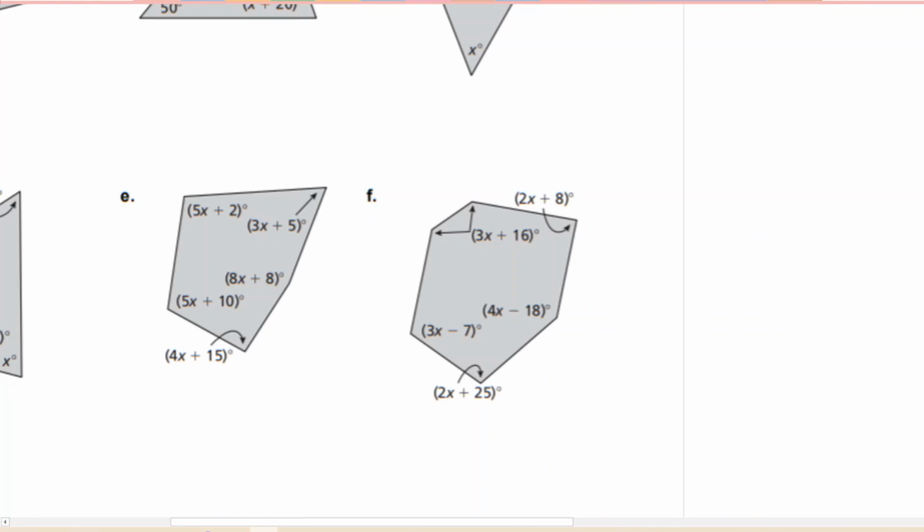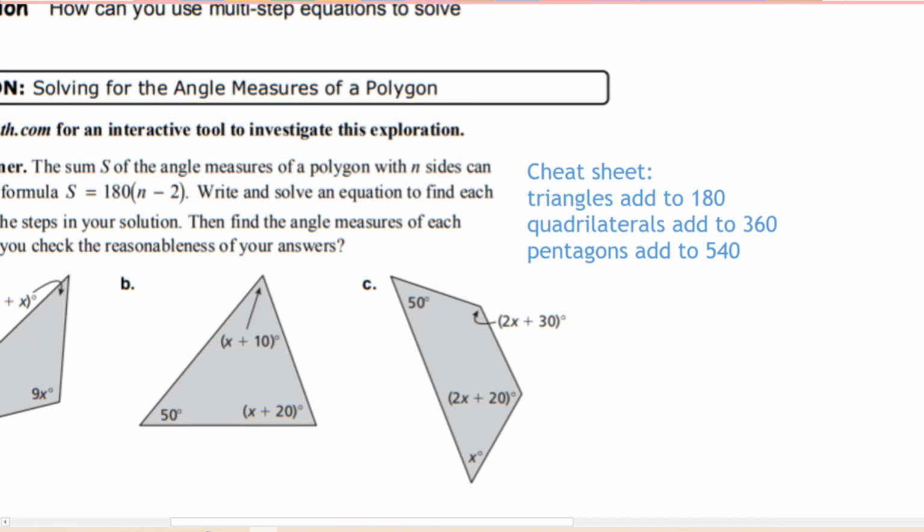And then the last one over here, I'm sure, is going to be a 6-sided figure. Let's count the corners. 1, 2, 3, 4, 5, 6. That's called a hexagon. 6 minus 2 is 4, and 4 times 180 is 720.